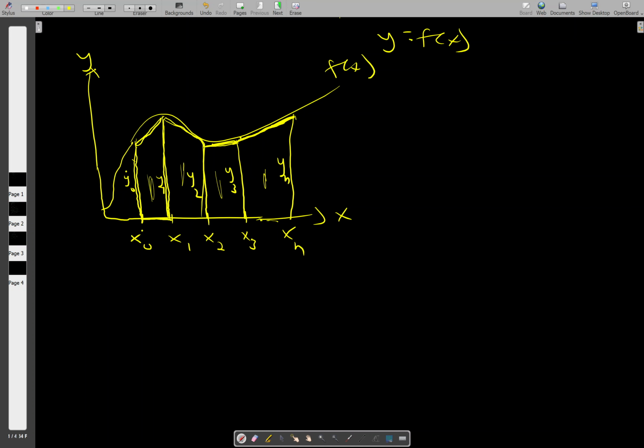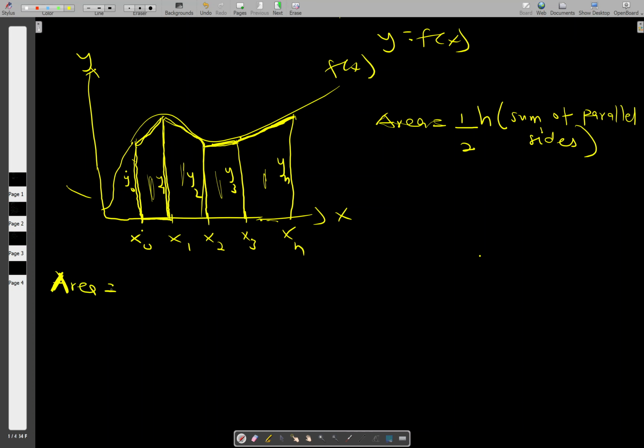We know from geometry that the area of a trapezium is half times the height, multiplied by the sum of the parallel sides. That's the area of a trapezium.